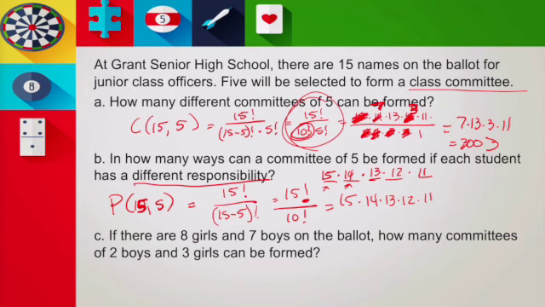So you get 15 factorial over 10 factorial, which is 360,360. So see how much the order matters. When order doesn't matter, you only had 3,000 options. When order does matter, you have 360,000 options.